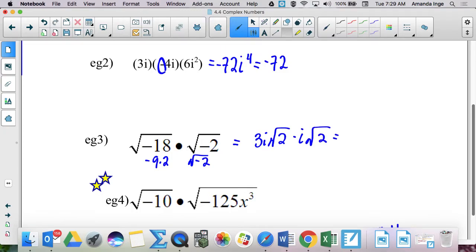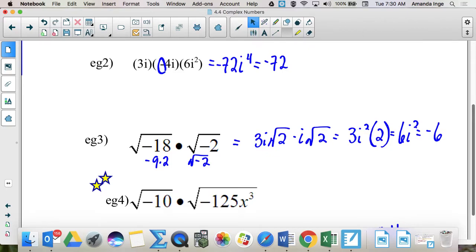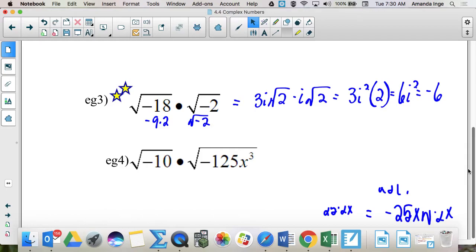So 3i times i is 3i squared, and the square root of 2 times the square root of 2 is 2. So I get 6i squared, but i squared is equal to negative 1, so I get negative 6. But like I said, you need to remember to change these to imaginary numbers before you start, or you'll get the wrong answer.